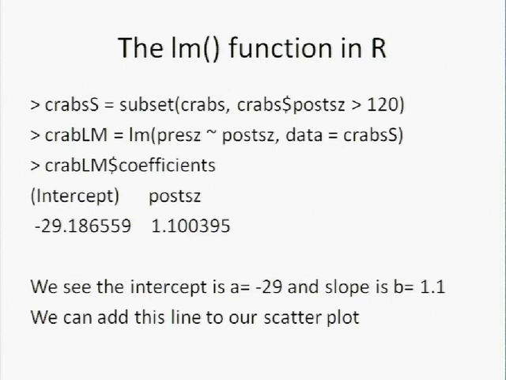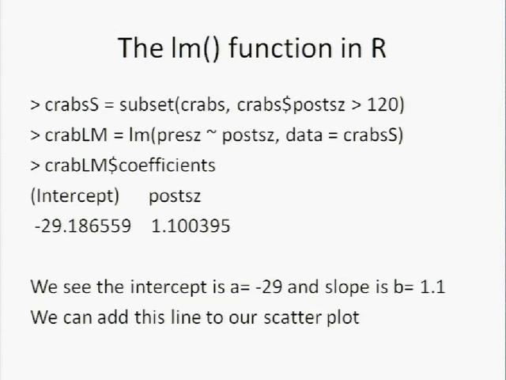If you type crab_lm$coefficients, you'll see the intercept, minus 29.18, and 1.10. That tells you your A and B: A is minus 29.18, and B is 1.10. So it does that for you automatically. 1.1 is your slope, which is B, and the intercept A is minus 29.